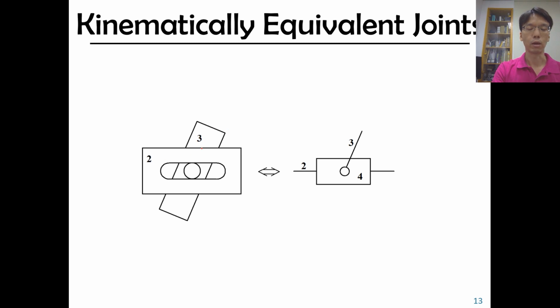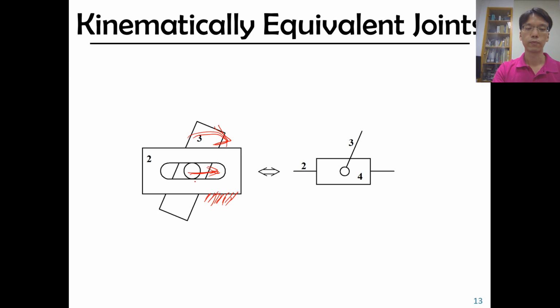What's the relative motion between these two? Suppose this one is fixed, I think it's easier for you to think. Bar 3 can rotate. It can also move along this slot, so it can move in this direction. It can also do the revolute motion.